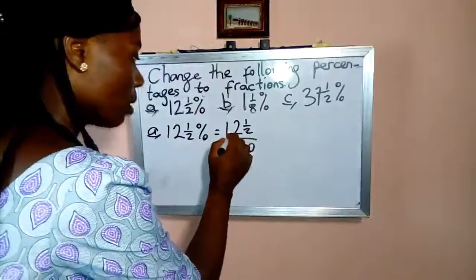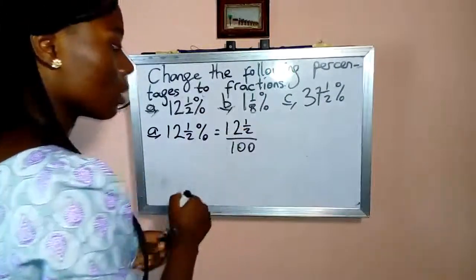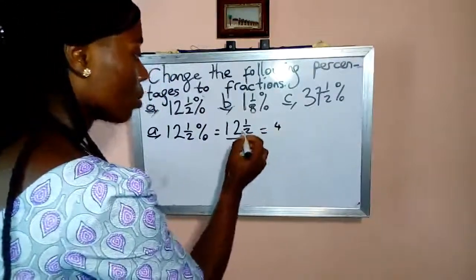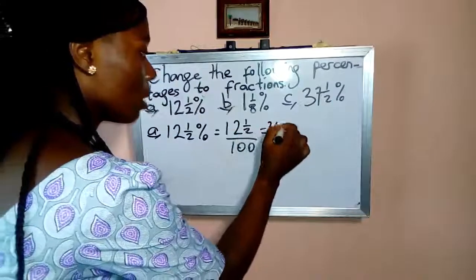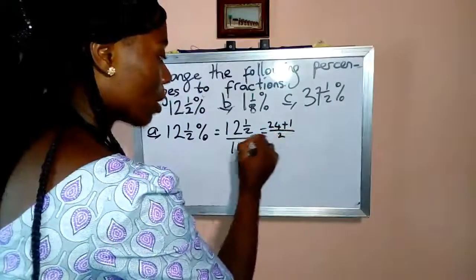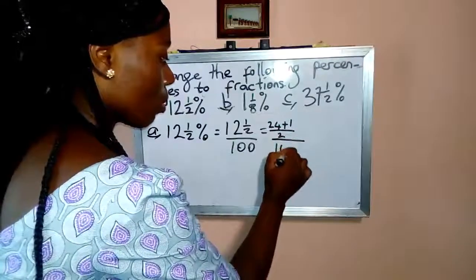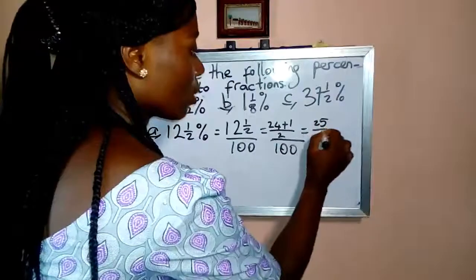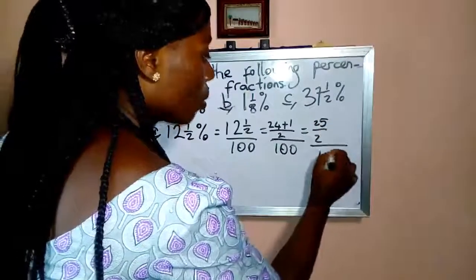So we have 2 times 12, okay, let's do it. 2 times 2 will give you 4. 2 times 1 will give you 2. And you add it to what is here, all over our numerator here, which is 2 over 100. Now this will give you 25 over 2 over 100.